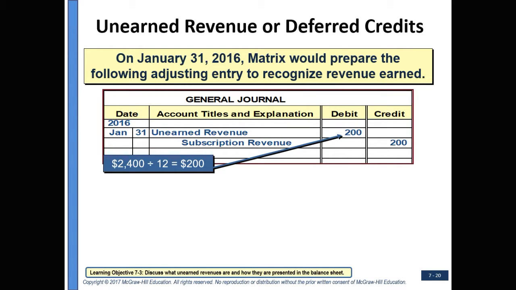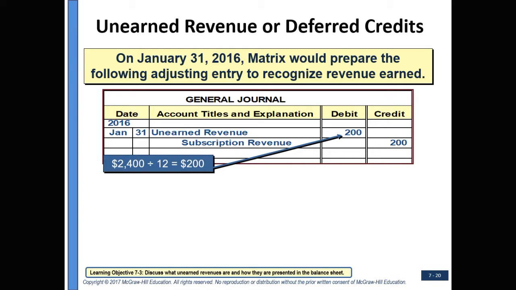So as we get to the end of January and we have provided 1 month's worth of the newsletter, Matrix creates this journal entry to adjust and recognize the revenue that has been earned. We enter a debit, we reduce that obligation to unearned revenue by $200, and then we credit our subscription revenue by $200.